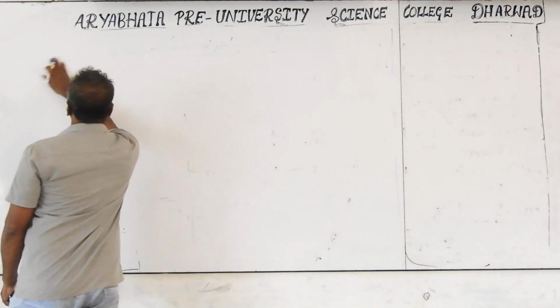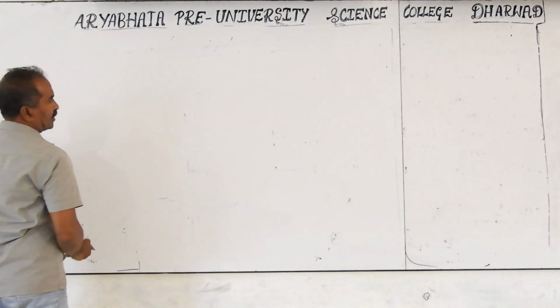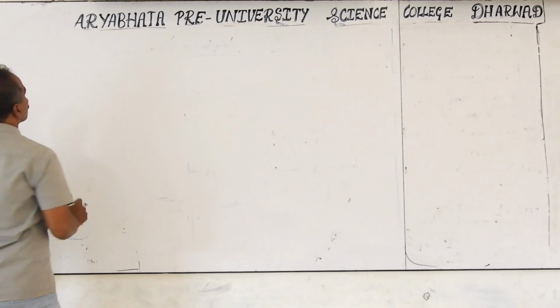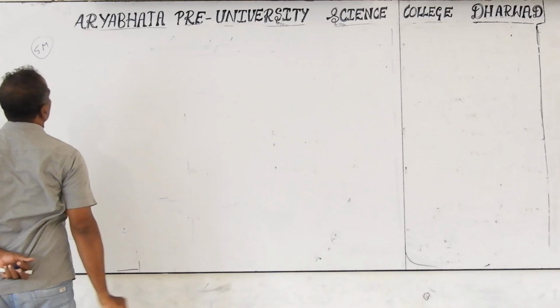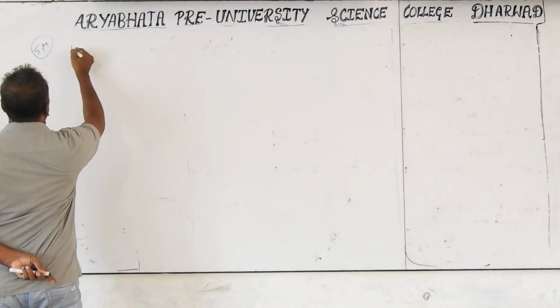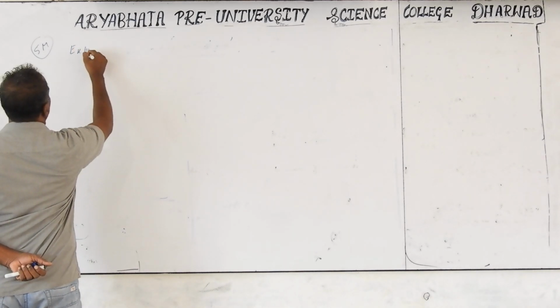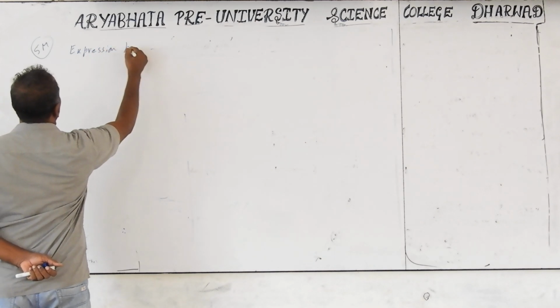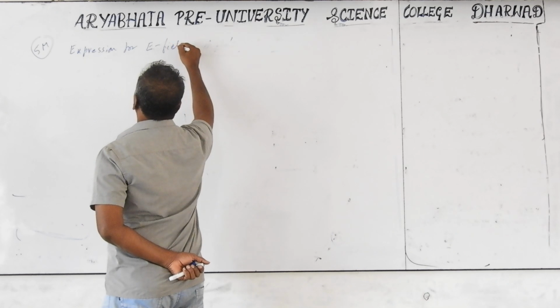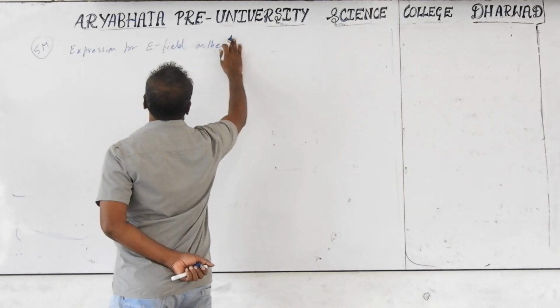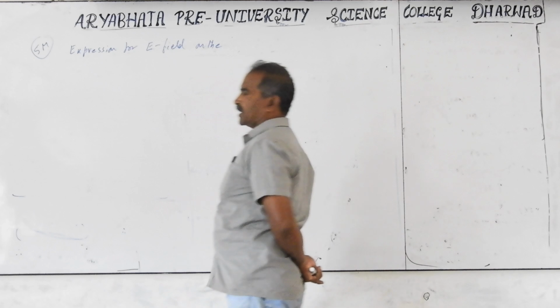Expression for electric field is the second point related to the 5 marks question: electric field on the equatorial plane of a dipole. Expression for electric field intensity, electric field on the equatorial plane or equatorial line.